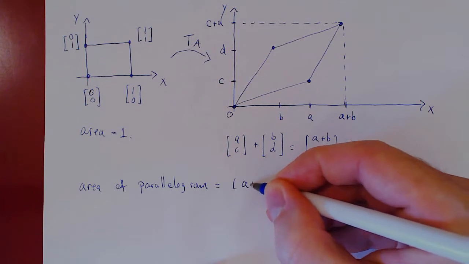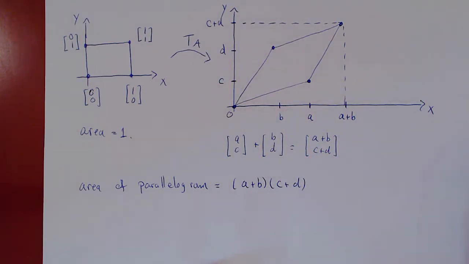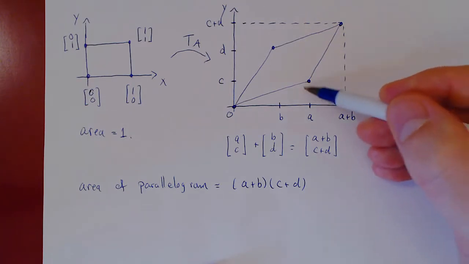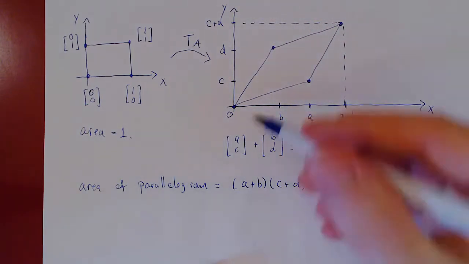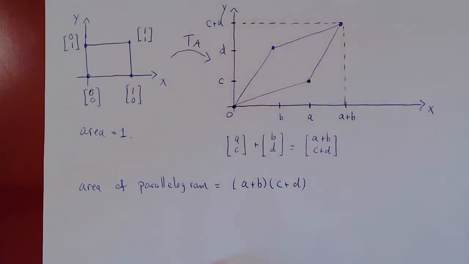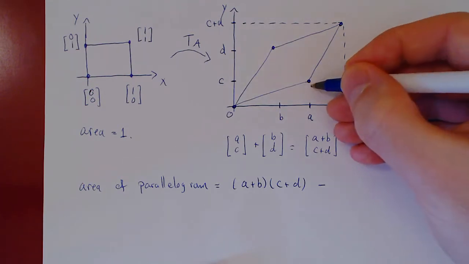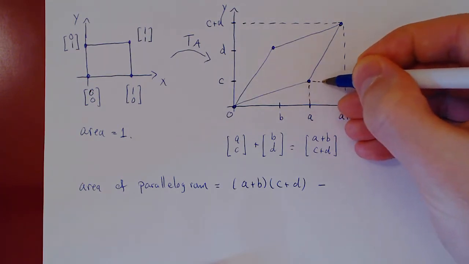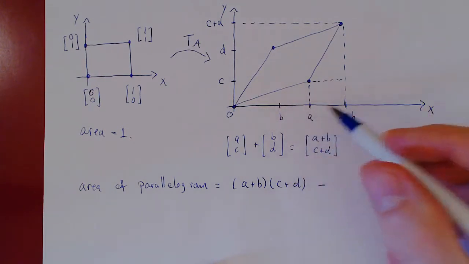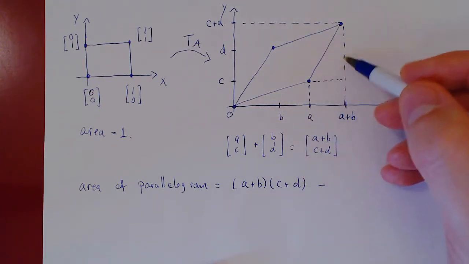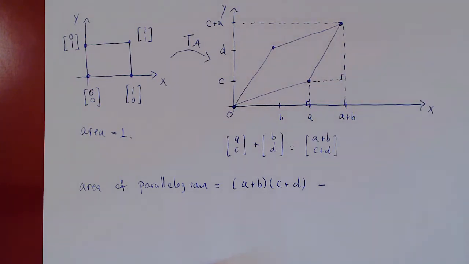We'll have A plus B, the length, times the height, C plus D. And now we want to remove what we don't want, and of course we'll be left with the area of the parallelogram. So minus. If you notice, we can break these up into three subregions, right? We have this triangle here, a rectangle here, and a triangle here, and notice that they are right-angled triangles.